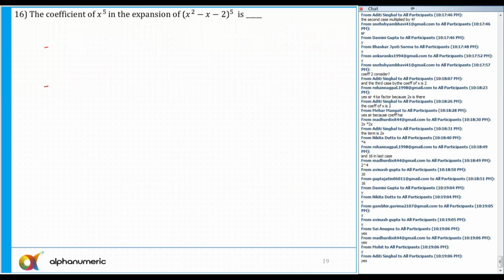Try this. 16. Coefficient of x raised to power 5 in this expansion.